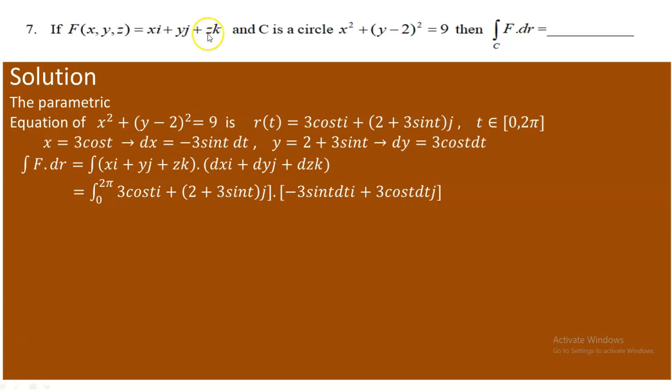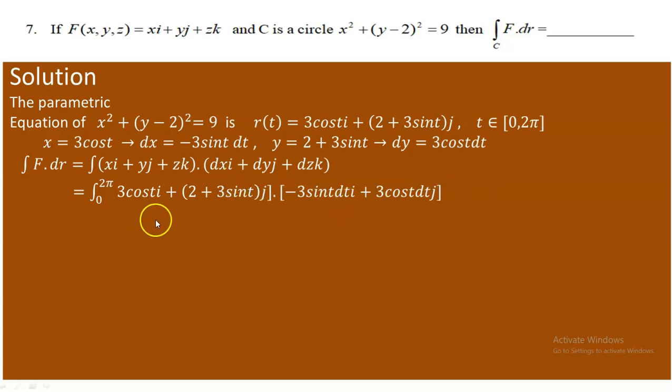If you don't have the z component, we consider it to be 0k, because the curve is given on the xy plane, so we don't have a k component here; it is 0, so I'm not going to write that. The dot product with dr: what is dx, students? dx is the one obtained here, minus 3 sin t dt i. And dy is already done, 3 cos t dt j. Since z is 0, dz is going to be 0, so we are left with this.